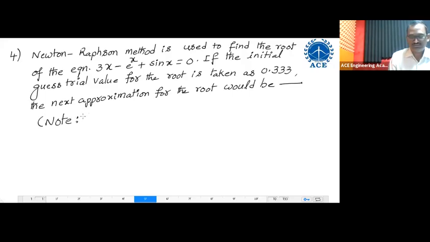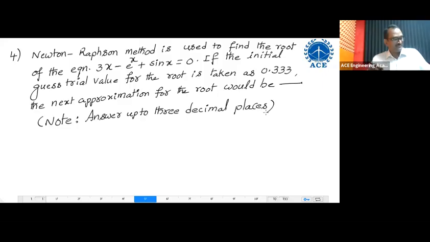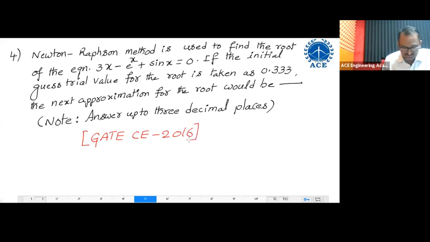Note: answer up to 3 decimal places. This was given in GATE Civil Engineering 2016.